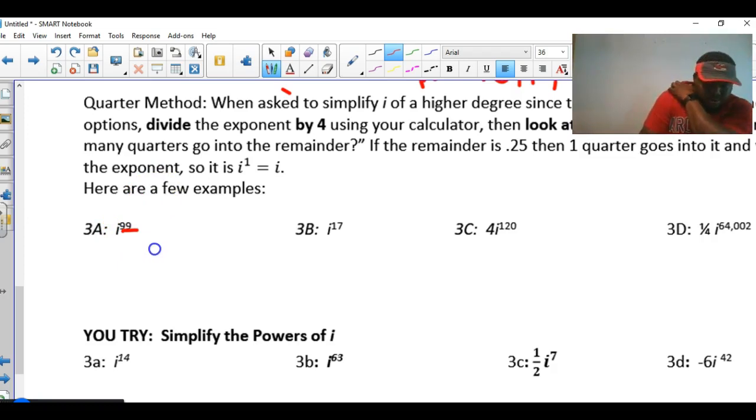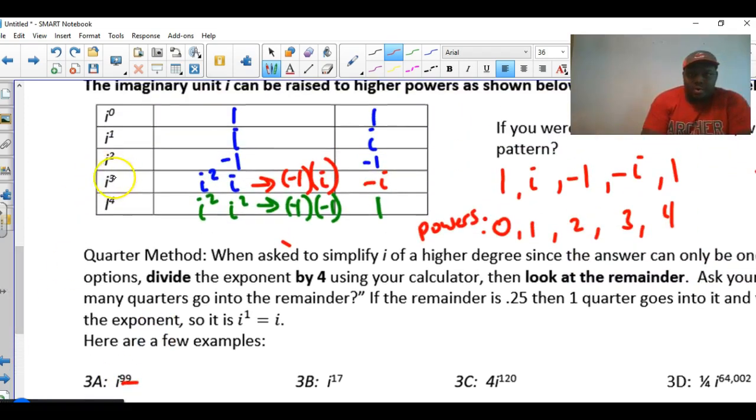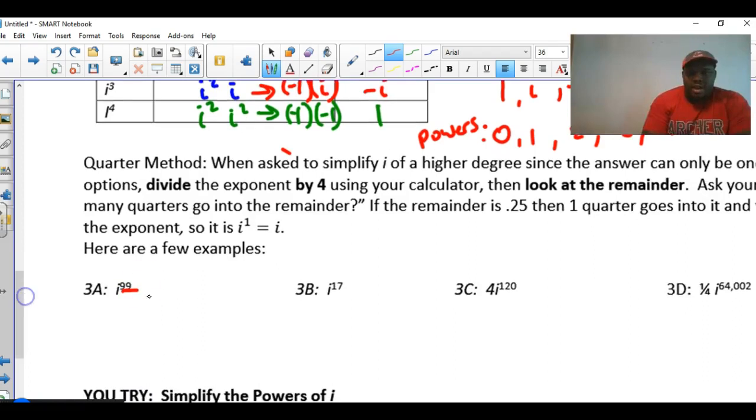In fact, 3 times 33 would give me 99, but that doesn't even matter. I know that 99 has a factor of 3, the power of 3. Well, i cubed is -i, so i to the 99th power would equal -i.